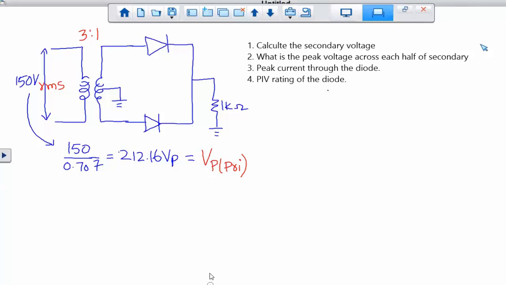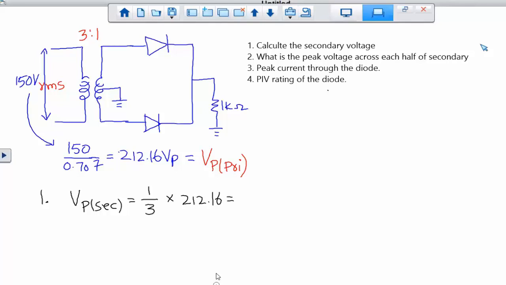So the first part of the problem is asking to calculate the secondary voltage. So the turns ratio is given as well. So that's a 3:1. So we are trying to find out the secondary voltage. So V peak secondary is, so that means 1/3, correct? So it's the secondary turns ratio value over the primary times your total primary voltage. So which is basically 1/3 of the primary rating.